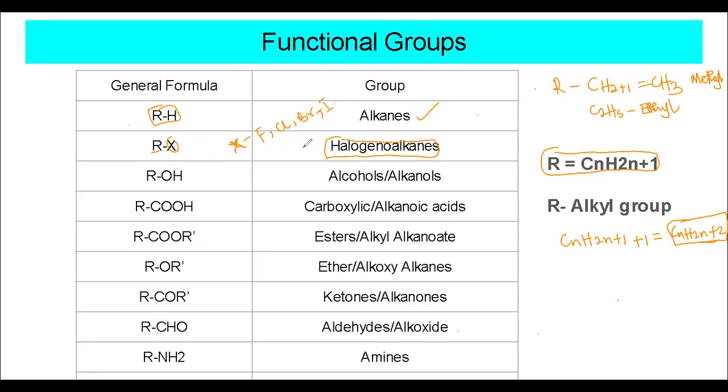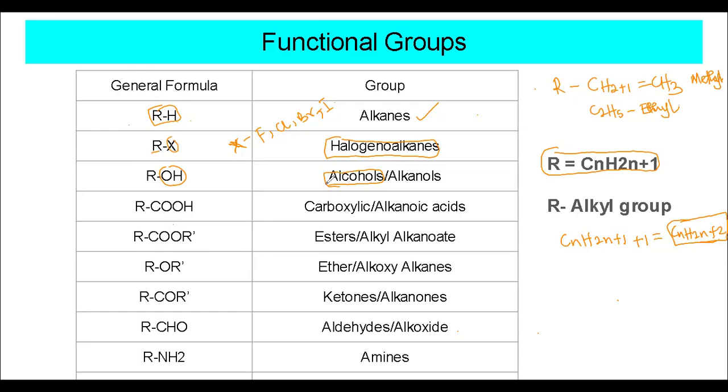Okay, now still on the alkane group, if I remove the hydrogen atom, sorry, of the alkane group and then I replace it with an OH, I form another functional group, which is the alcohols. Okay, so when you replace the hydrogen of the alkane group with an OH group, you form the functional group alcohol.